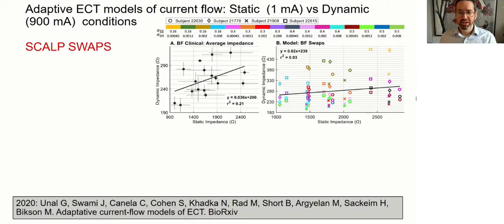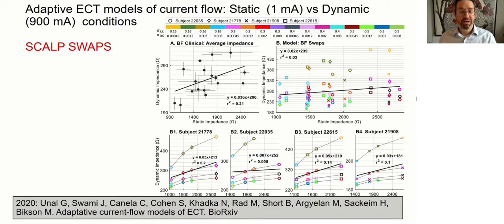It seems hard to understand, but again, with the models, we can unpack this data. And so what I'm plotting here is I'm fixing anatomy. So we're looking at the anatomy of subject 21778 in B1 on its own, and we're plastering on different skin properties. So each one of these dots represents a different skin that has been plastered onto subject 21778. And now a pattern emerges.